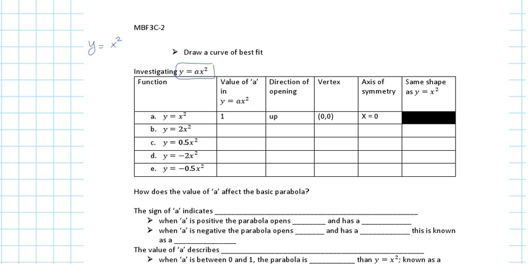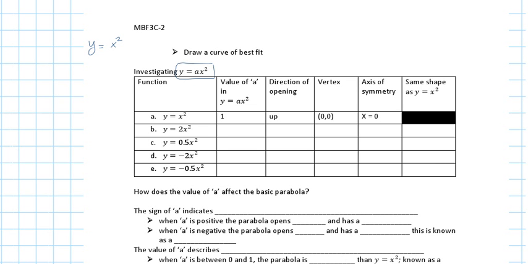Then what happens if I have y equals 2x squared? What happens if y equals 0.5x squared? y equals negative 2x squared? And y equals negative 0.5x squared. Now, my question to you: y equals x squared, which way did it open yesterday when we graphed it?